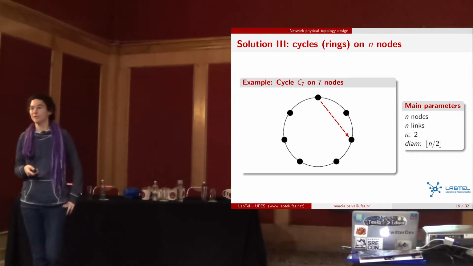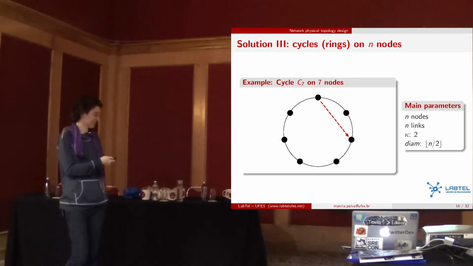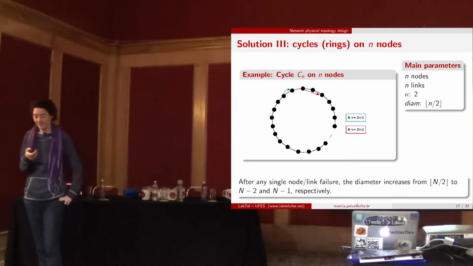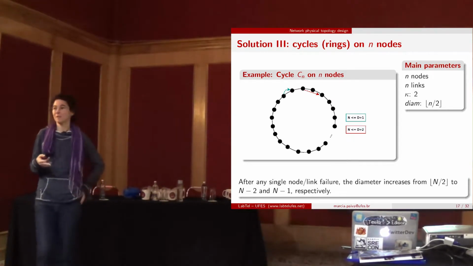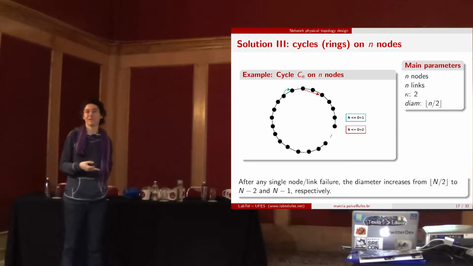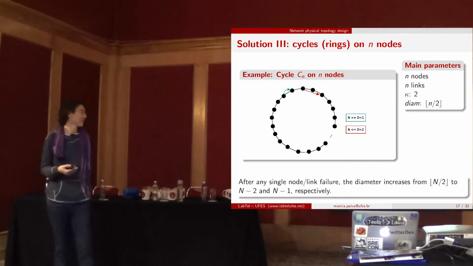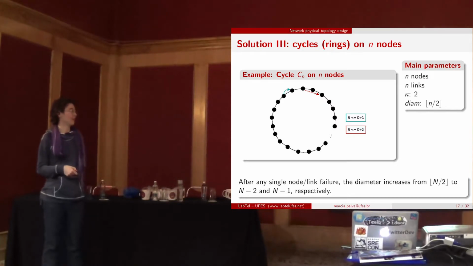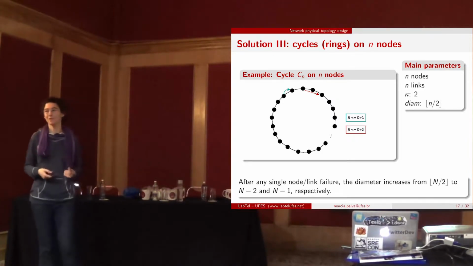If you have a small number of nodes, it's not necessarily a problem. But when the number of nodes grows, even if during the normal operation the receivers receive a signal of good quality, the problem is that after a failure, the diameter grows from n/2 to n-2 or n-1 after a single failure.